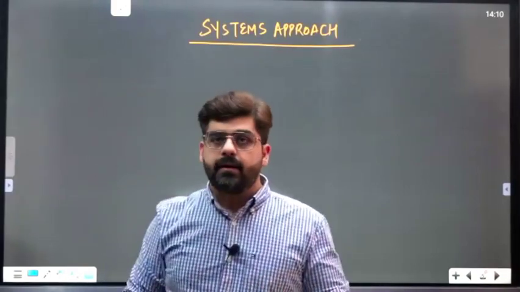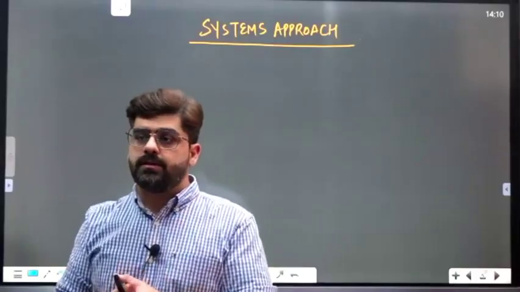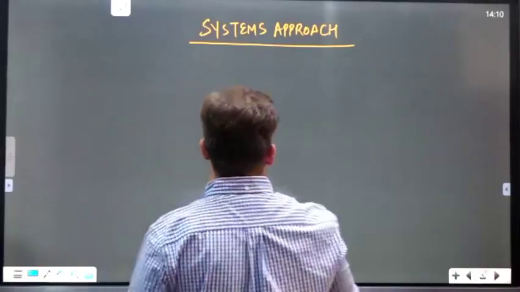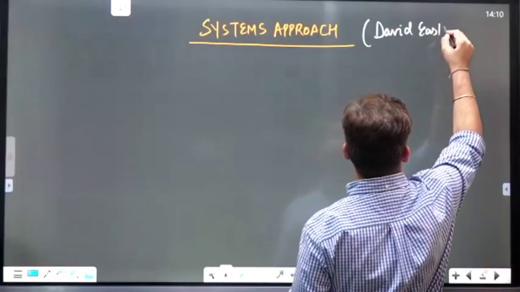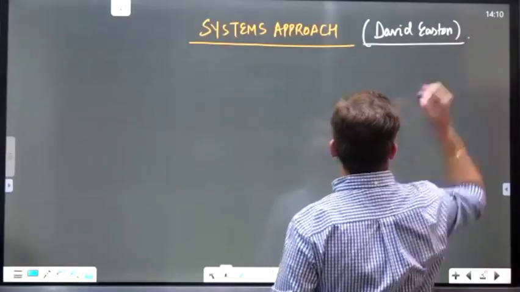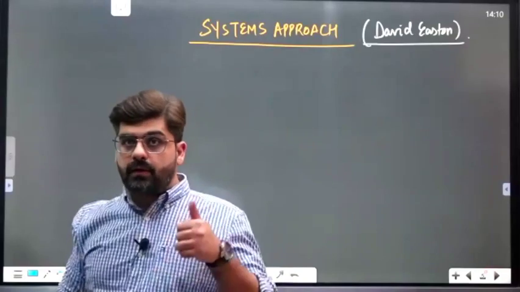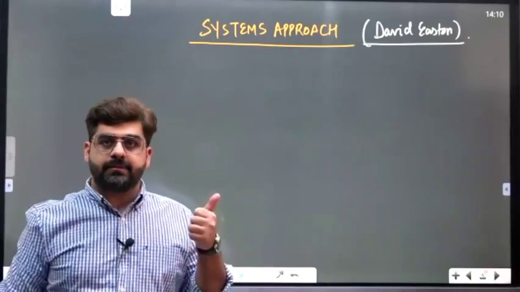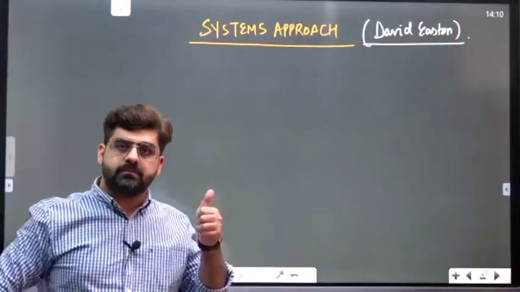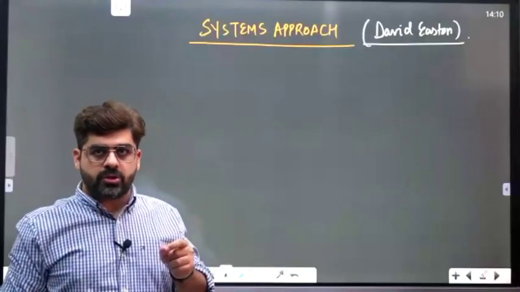Let's come to the systems approach. The systems approach is given by David Easton. So as of now, we have today introduced in our discussion R.C. Macridis, known for telling us the limitations of traditional approaches.